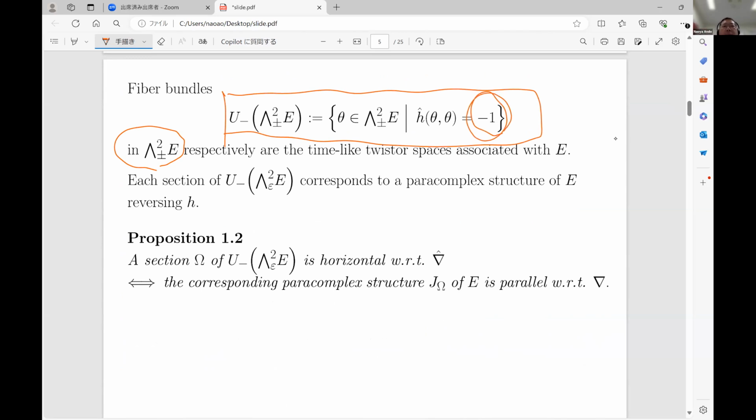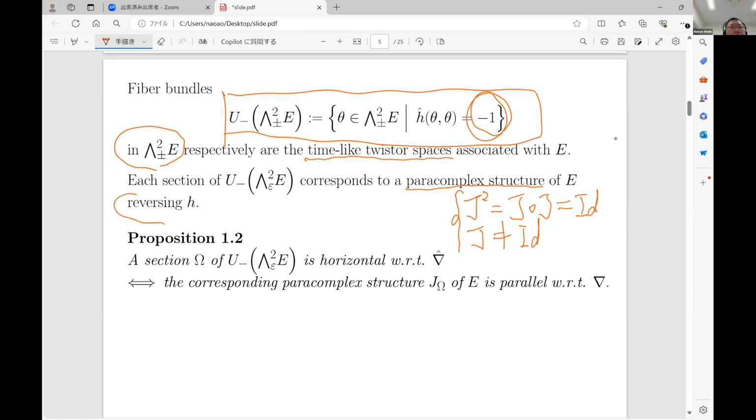These fiber bundles are the time-like twistor spaces associated with E. Each section of a time-like twistor space corresponds to a paracomplex structure of E, reversing H. A paracomplex structure is a bundle endomorphism defined by these conditions.